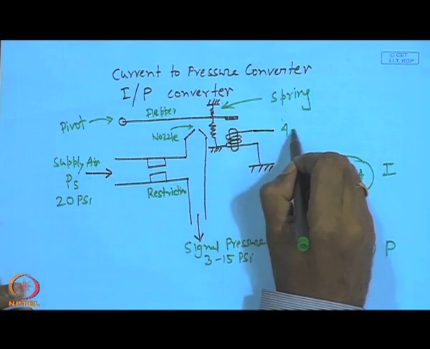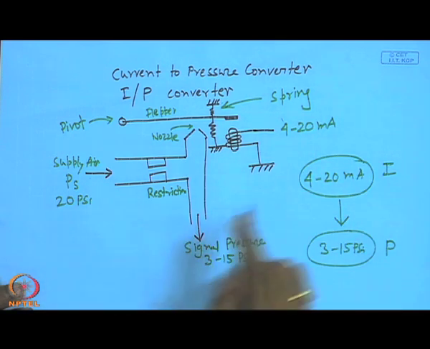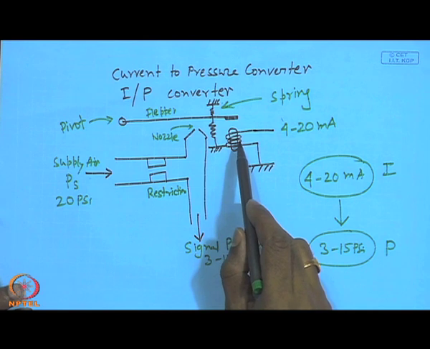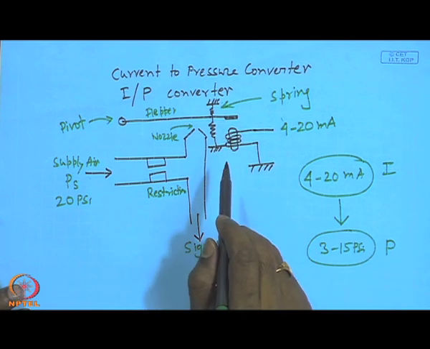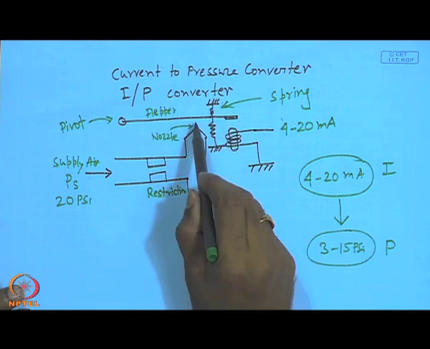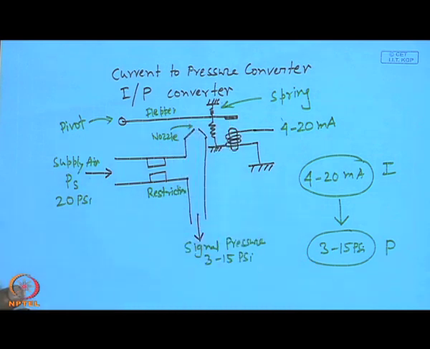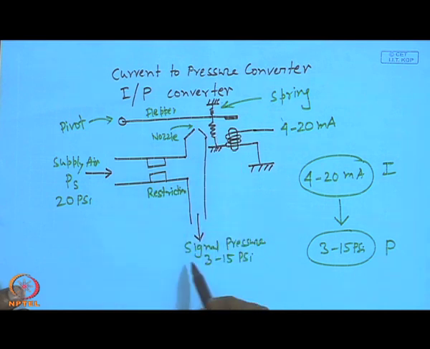If I send 4 to 20 milliampere current through this coil, a force will be produced that will pull down the flapper. As it pulls down the flapper, the gap between the flapper and the nozzle changes, so the signal pressure accordingly changes. High current will produce high pressure.